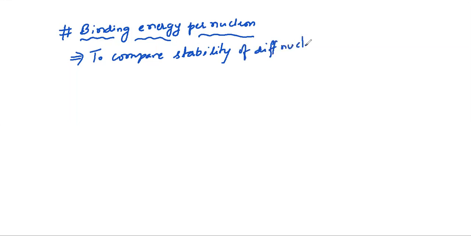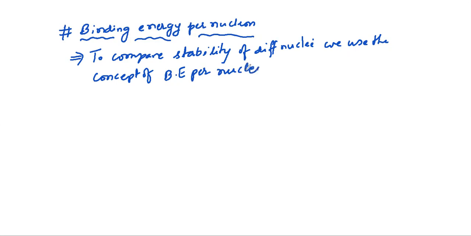To compare the stability of different nuclei, we use the concept of binding energy per nucleon.